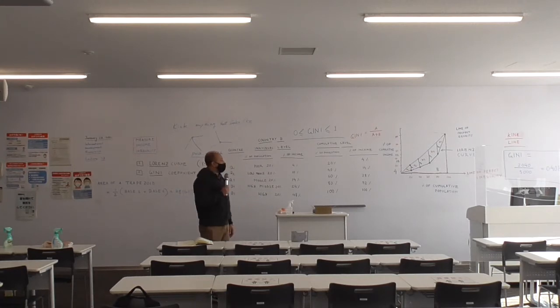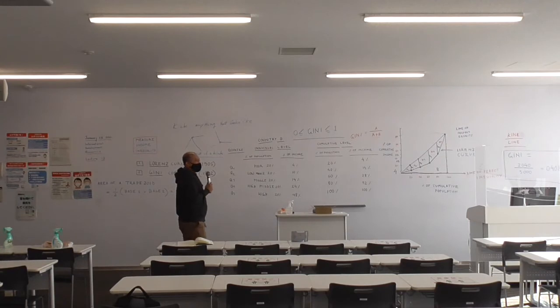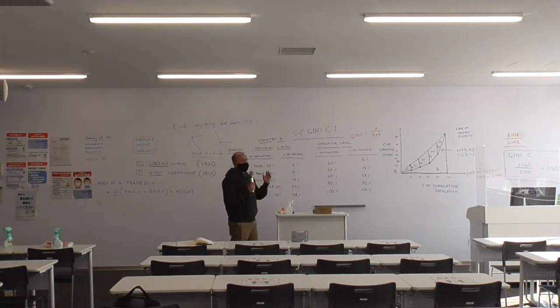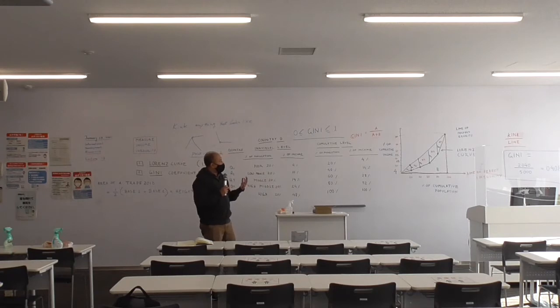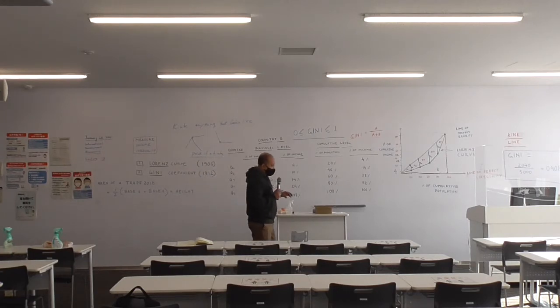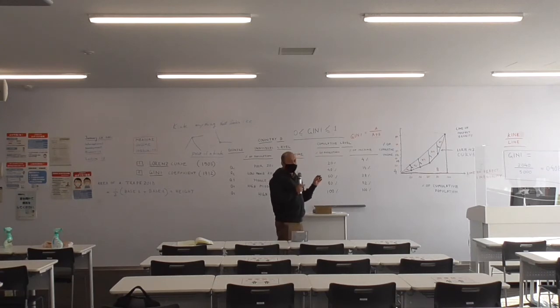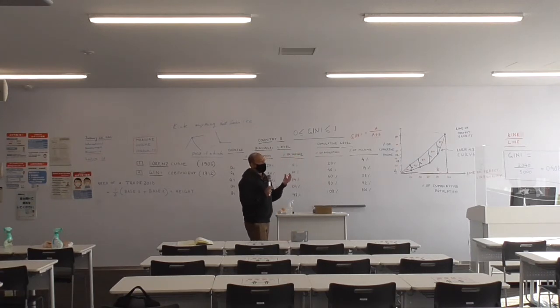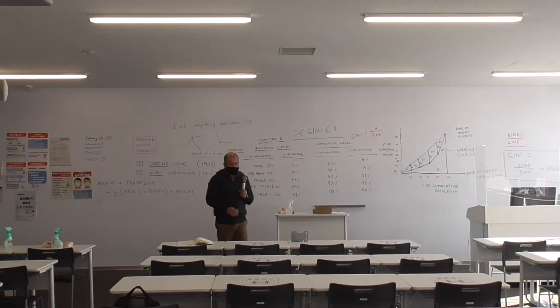So in the real world, a good Gini coefficient looks like 0.2 to 0.3, right? If a country has a Gini coefficient of 0.2 to 0.3, it seems this country has a nice distribution of income. Many countries in Scandinavia and also in Europe have a Gini coefficient between 0.2 and 0.3.